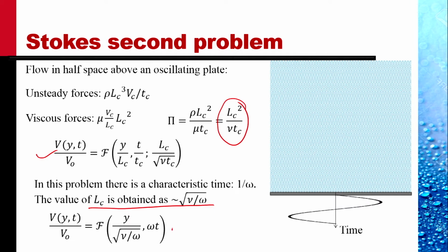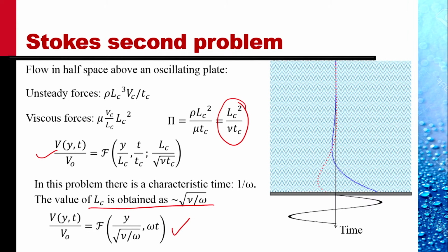And we can write this as a functional relationship for the normalized velocity. This is not a self-similar flow, since there are both y and t in this equation as independent variables.